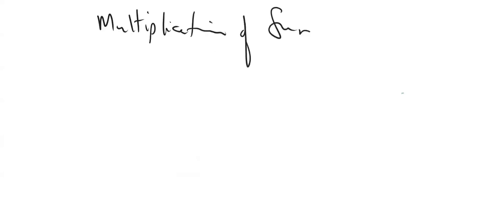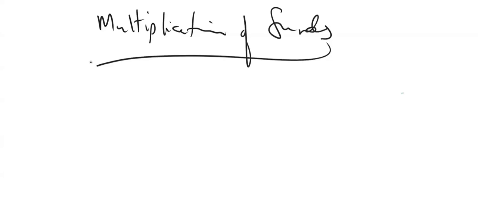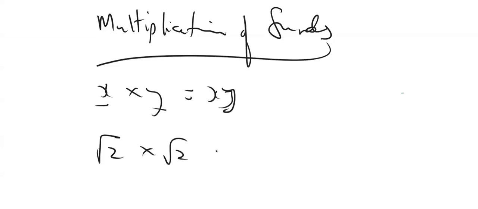Go to multiplication. Multiplication of surds. Like again, if you have x by y, you can multiply them, right? Regardless of whether they're different, you can still multiply. The same is true of surds. If you get root 2 by root 2, you can multiply them.